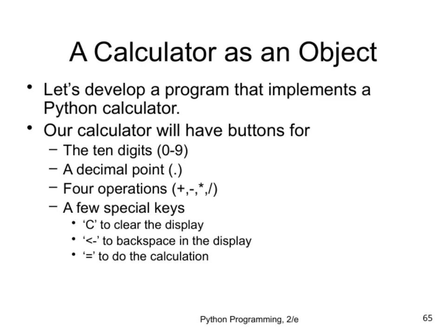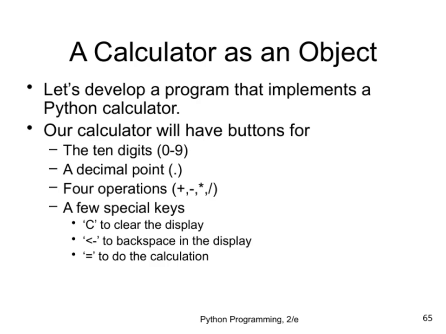Let's develop a program that implements a Python calculator. Our calculator will feature buttons for the 10 digits, from 0 to 9, allowing us to easily input numbers. It will also have a decimal point button, so we can handle fractional numbers. To perform operations, we'll include the 4 basic arithmetic operators: addition, subtraction, multiplication, and division.